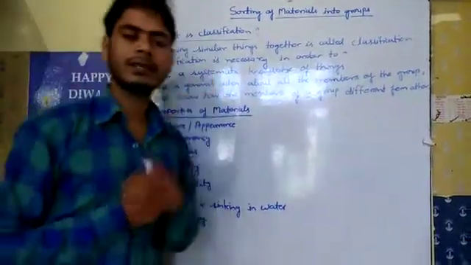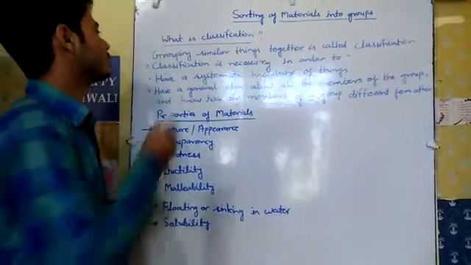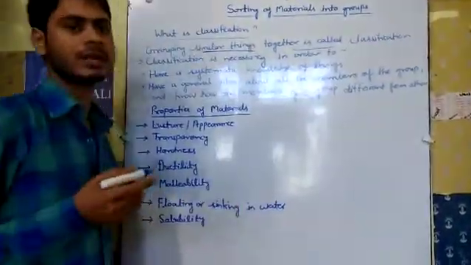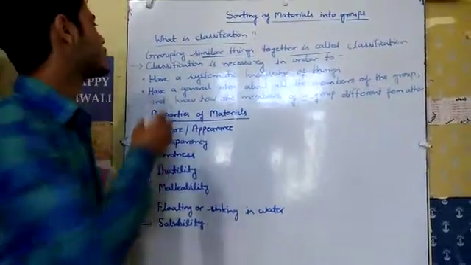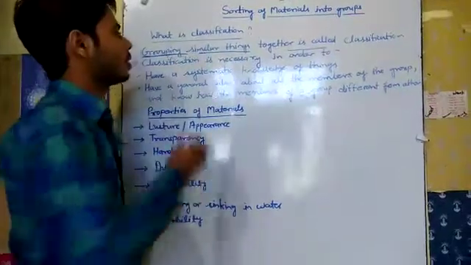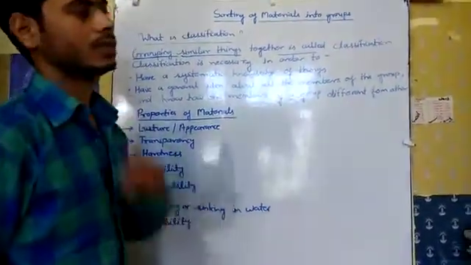So we write here the definition of classification. Classification is grouping similar things together. Once again, what is classification? Grouping, that means we make a group of similar things together, is called classification.